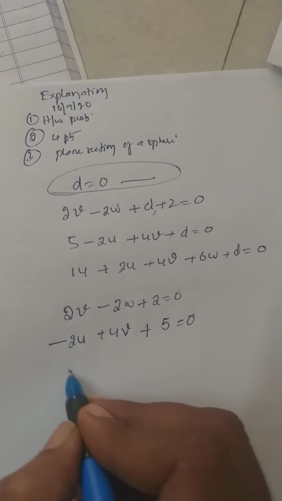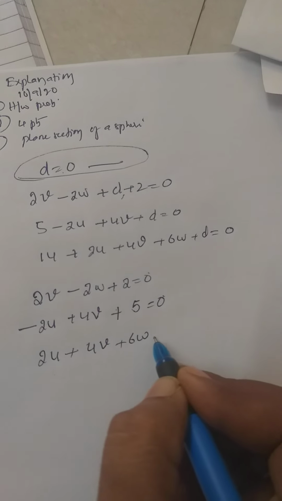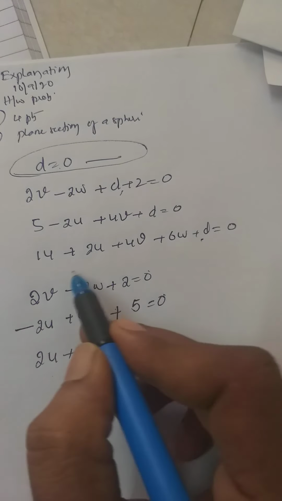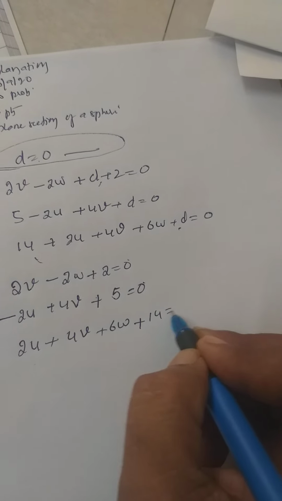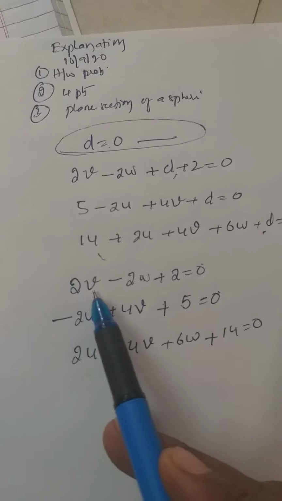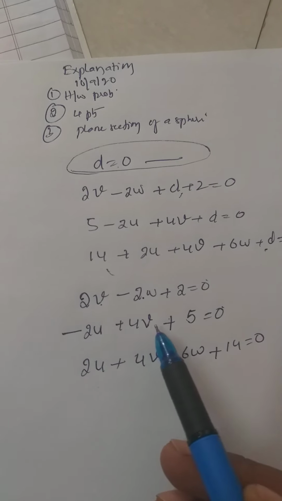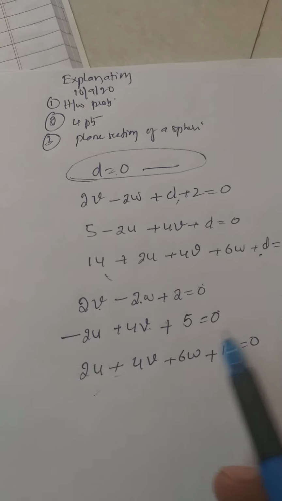Here in this equation 2u plus 4v plus 6w plus d value is 0, the remaining constant is plus 14 is equal to 0. Now solve these equations. This one contains vw, this contains uv, and this contains uvw.